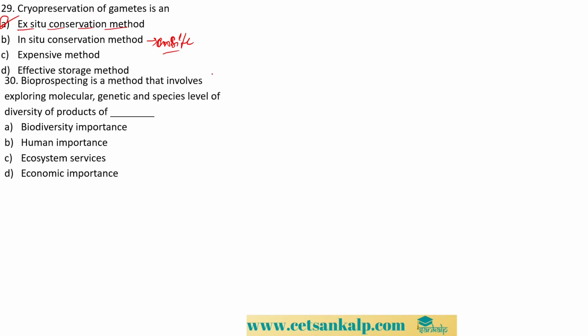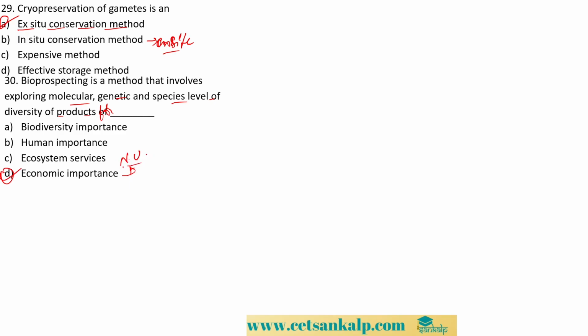Now next, bioprospecting is a method that involves exploring molecular, genetic and species level diversity of products for biodiversity importance, human importance, ecosystem services, or economic importance. The answer is economic importance. This comes under a narrowly utilitarian argument.